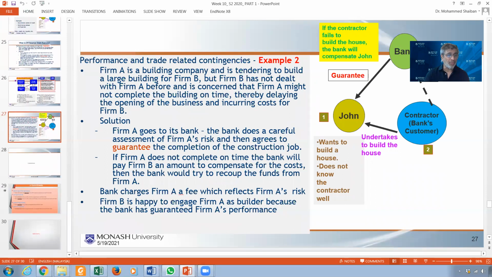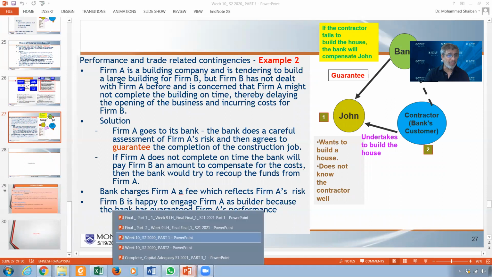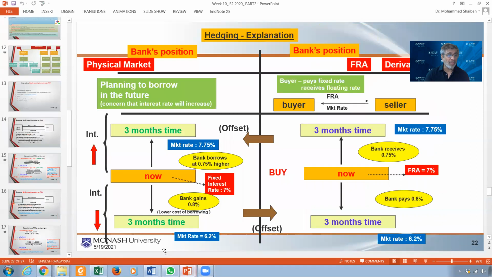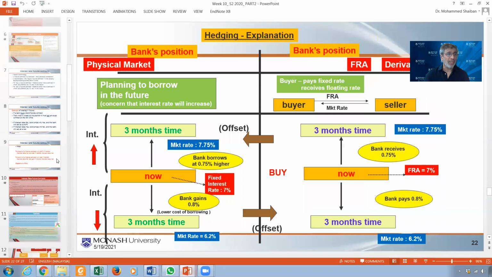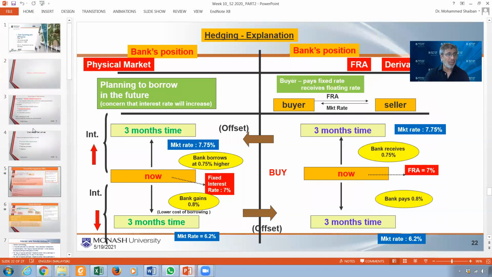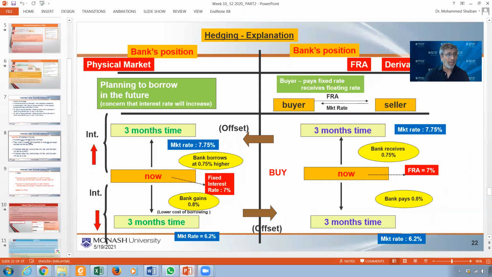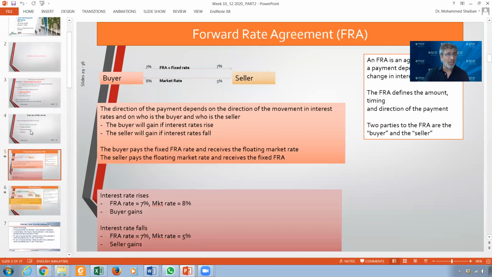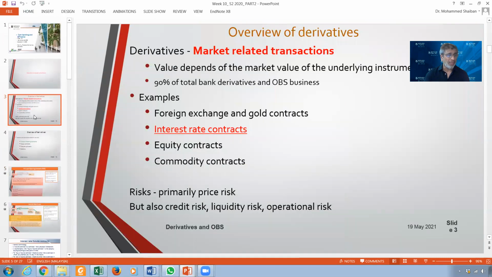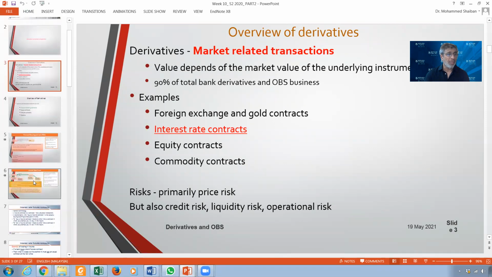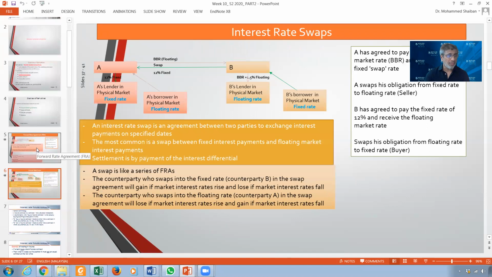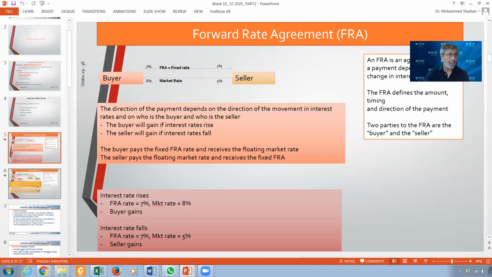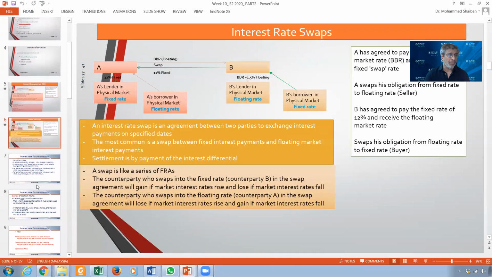The second part is the derivatives. We have futures, options, forward contracts, and swaps. Now this is a forward contract, and this is a swap.